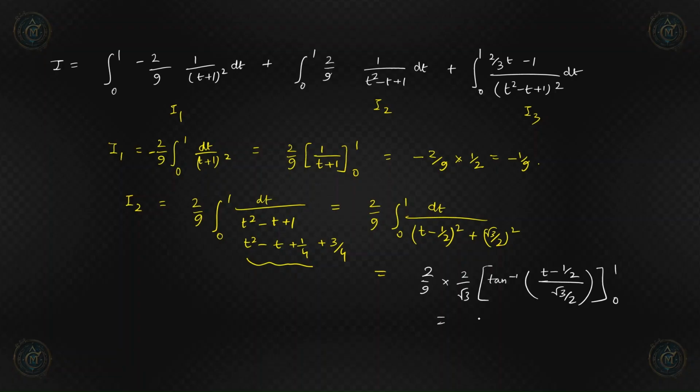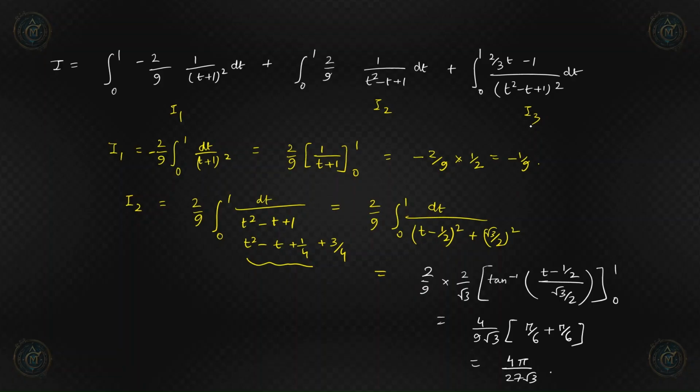So this becomes 4 divided by 9 root 3, then pi by 6 plus pi by 6. That means simply 2 into pi by 6, which is pi by 3. So 4 pi divided by 27 root 3. So I2 becomes this.